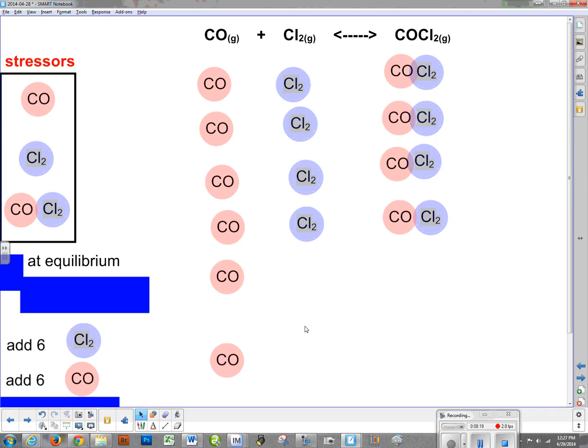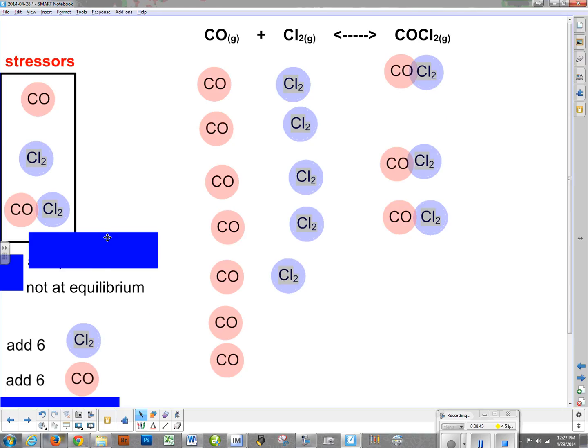Okay, so we're going to be sitting here with a new equilibrium where we have 1, 2, 3, 4 of these guys, and we've also reduced the amount of carbon monoxide. You see, he can't put it back the way it was, but he can take some apart. And so let's say he takes this guy apart and this guy apart.